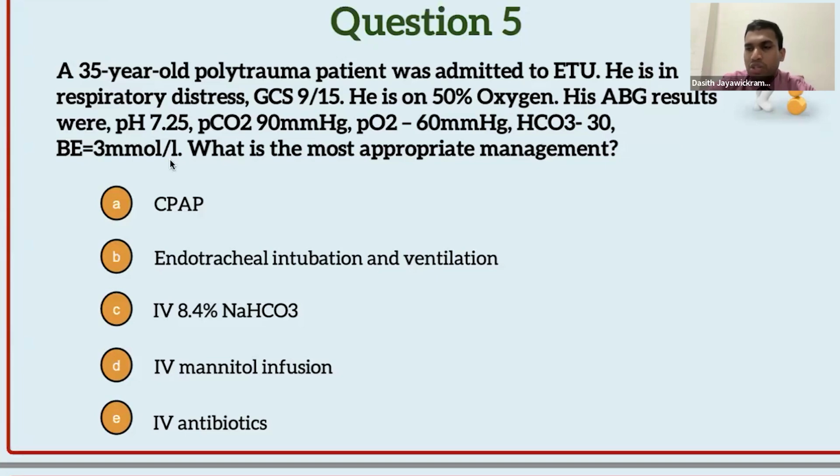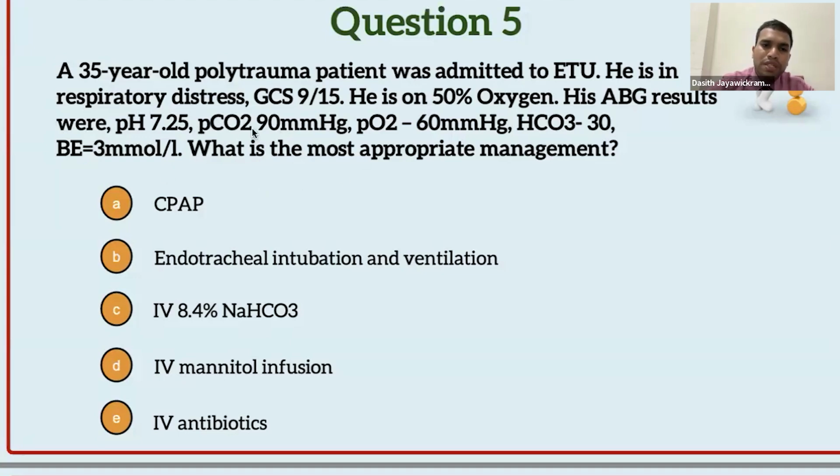All right. Once you have determined this is alkalosis or acidosis, we have to get to know whether this is a respiratory acidosis or alkalosis, or metabolic alkalosis or metabolic acidosis. For that, we have to look at the partial pressures and the bicarbonate and the base excess. Okay.